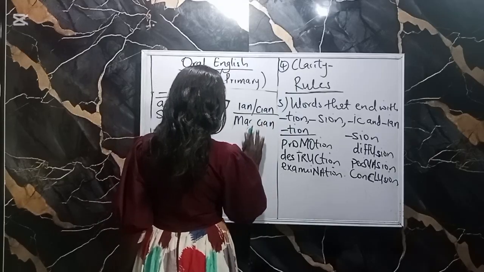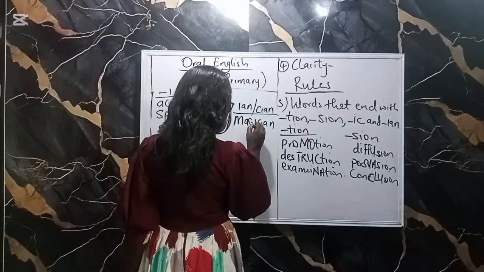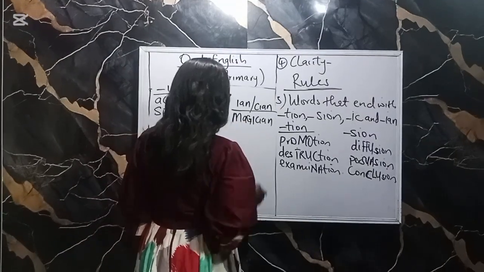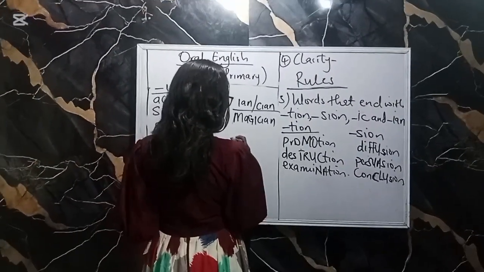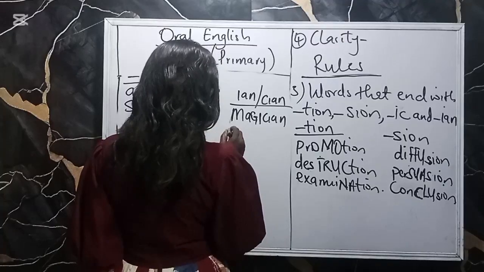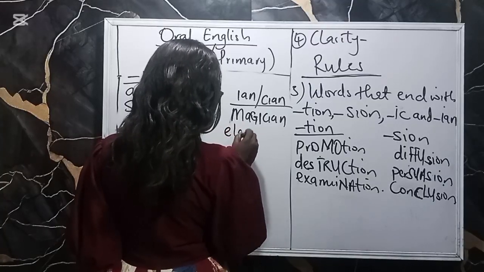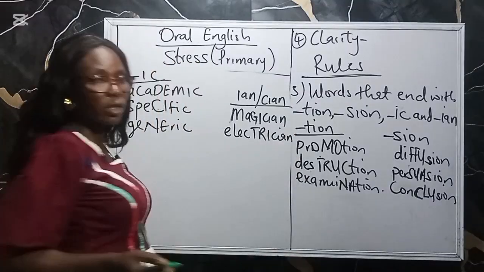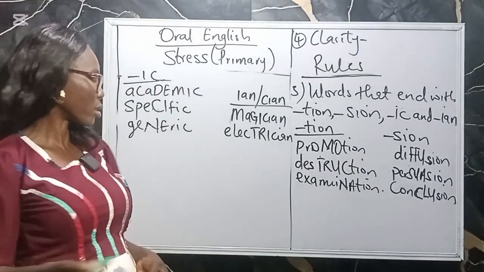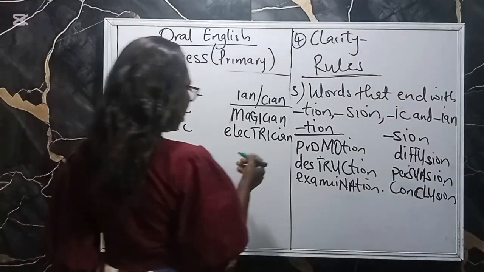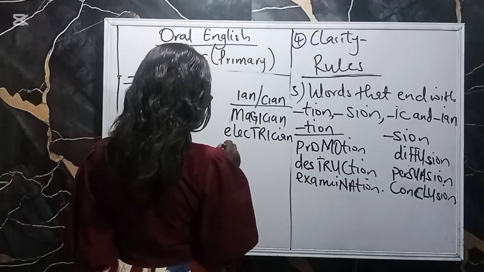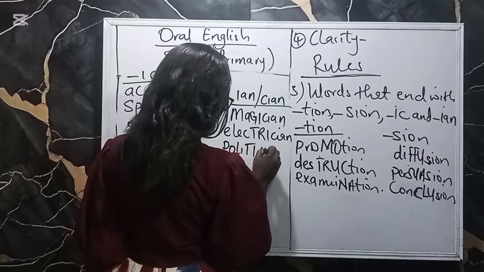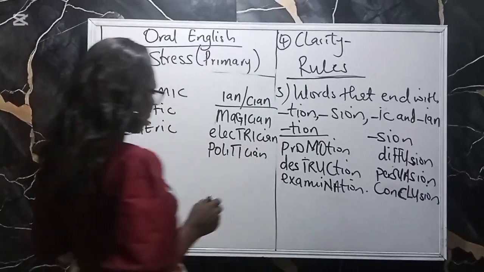The syllable before shan is gi, and that is what is in capital letters. Then we have electrician, and politician.